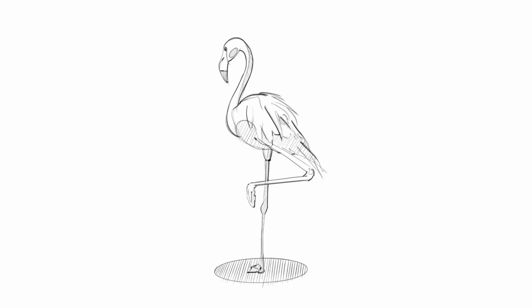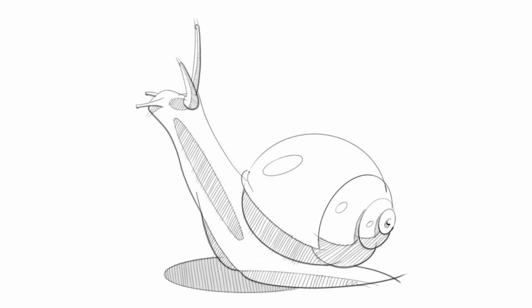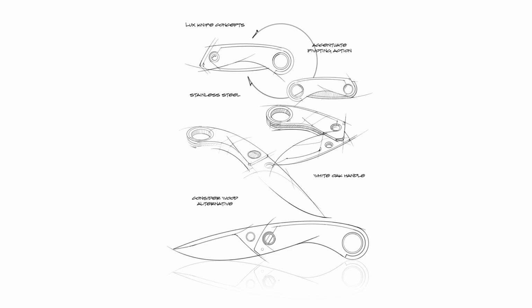So I've put together a few examples here of what I refer to as faux shadows. And they're really simple geometric elliptical shapes meant to really highlight the object and punch it off the page. In this next example, there's some subtleties going on that I really kind of like.